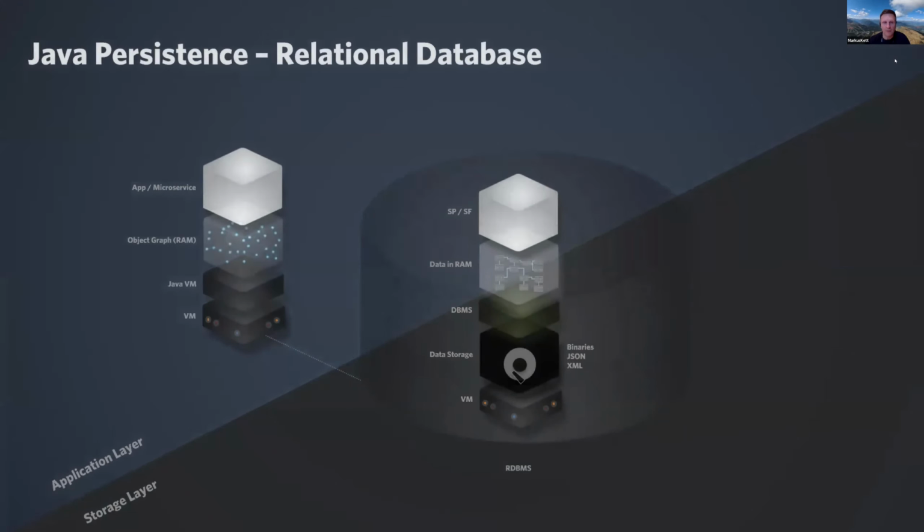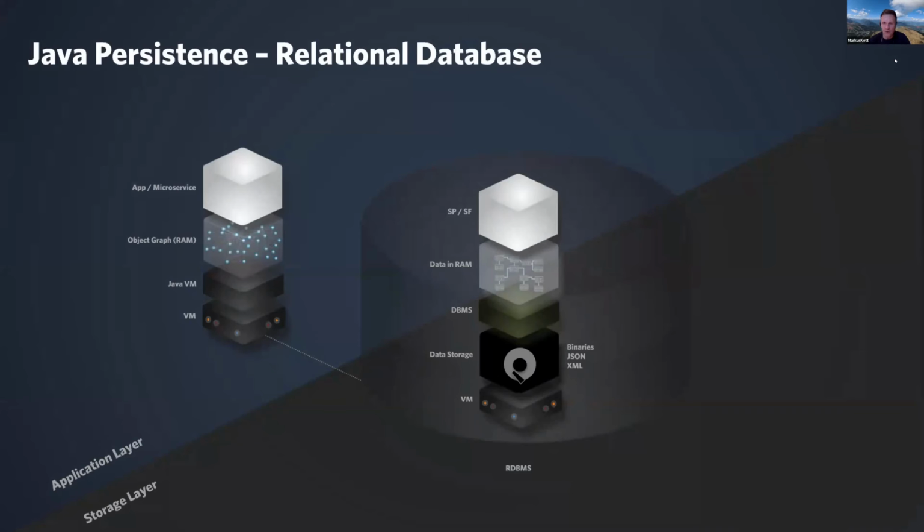So how does this work? Let's have a look inside our database. On the left side, we can see our Java instance. We have a JVM, we have the object graph in memory, and we have an application in Java. And here we can see a database server. With a database server, we have a database management system under the hood.